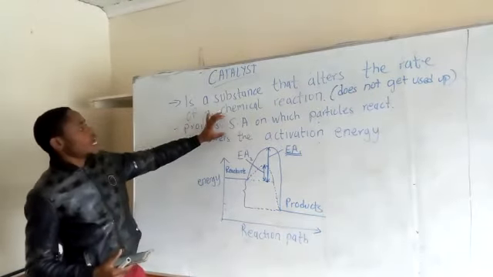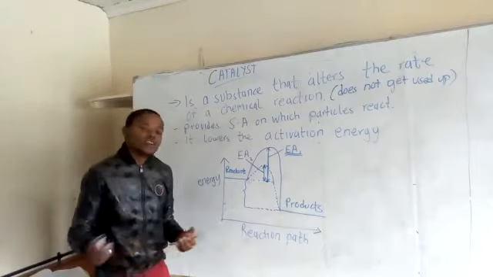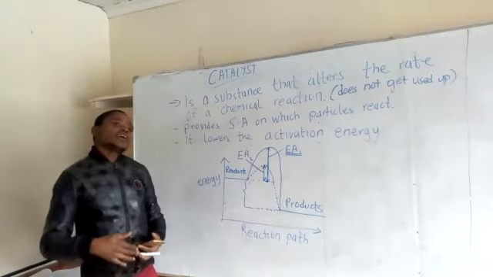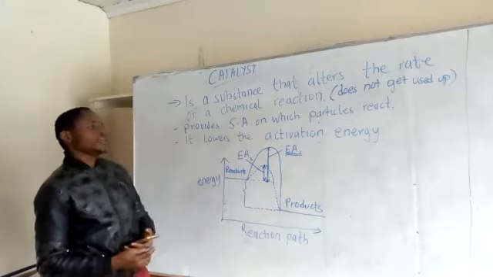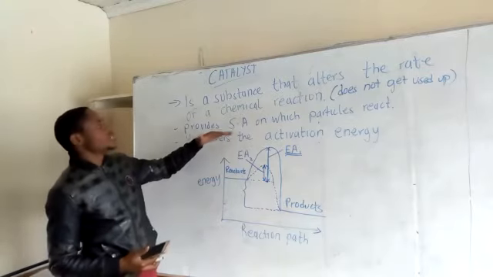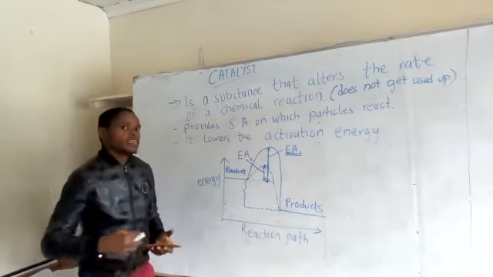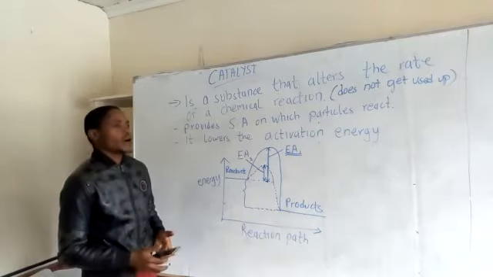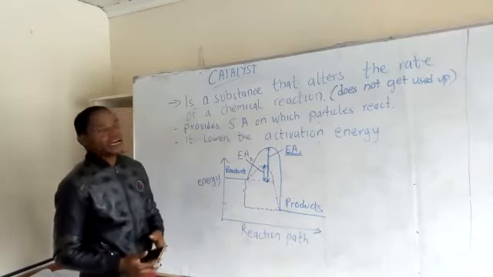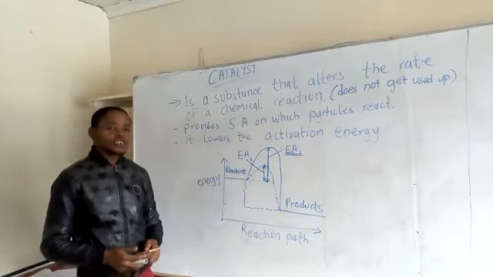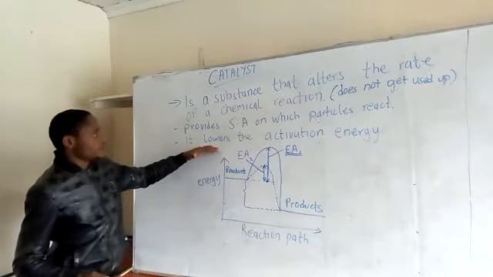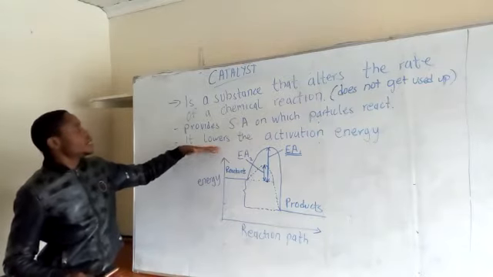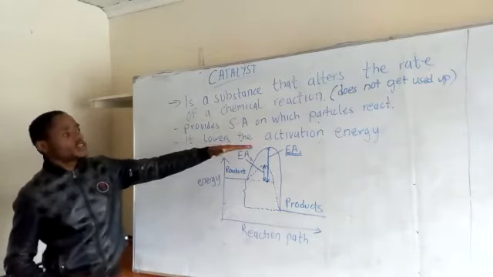And in case the catalyst is a solid, then making it powdered or using it in powder form will make it more effective, because we know increasing the surface area of a substance generally will increase the rate of a chemical reaction. Again, catalysts normally do lower the activation energy.